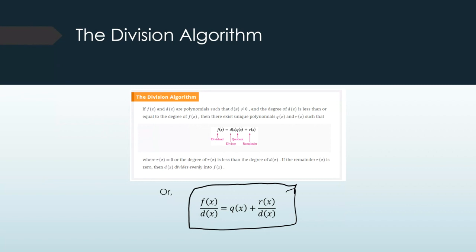So the more useful way that we write this is like how I did my example. I would not focus so much on the division algorithm itself. I would focus more on the vocabulary that goes with it: the divisor, the quotient, the remainder, and also on how you write things that you divide, which is what I have here in the black box. That's what you need to take away from the division algorithm.